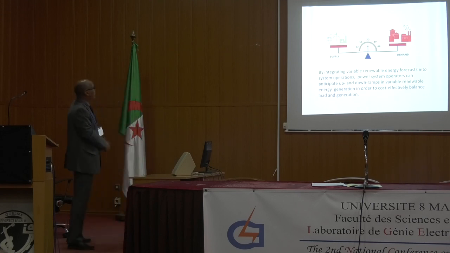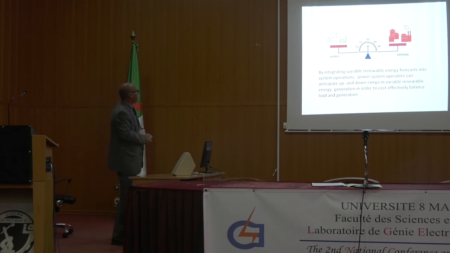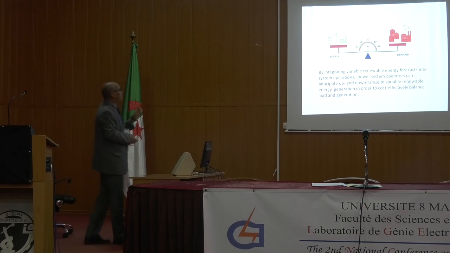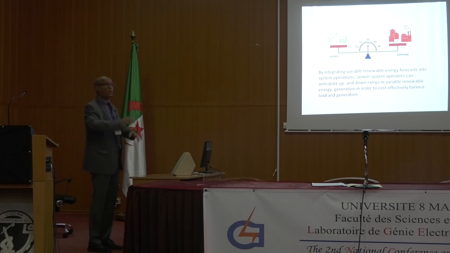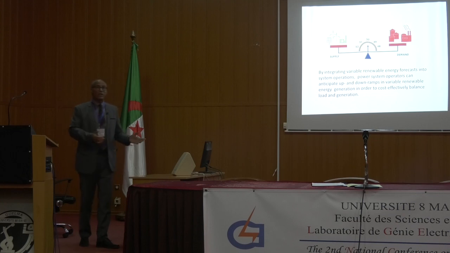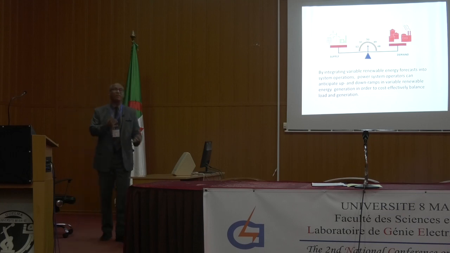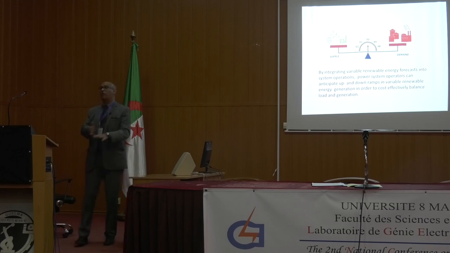Here, the balancing is the frequency, 50. By integrating variable energy forecasting in system operation, power system operators can anticipate up or down ramping in variable renewable energy generation, so as to maintain the frequency within its limits according to the grid code.